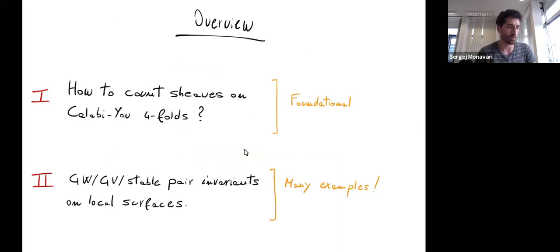Roughly speaking, this talk is divided in two parts. Since I don't expect many people to be acquainted with the language and the framework that have been developed to answer the question, how do we count sheaves on Calabi-Yau fourfolds, the first part will be a little bit more foundational, in which I will address this question.